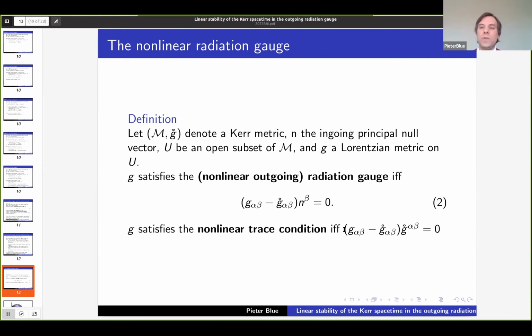So if you think about tensor fields on the manifold, then everything written here is well defined purely geometrically, right? You have the tensor field G and the tensor field G ring, and you take their difference as tensor fields, and then you contract that against the background tensor field, and that's purely in an abstract sense.